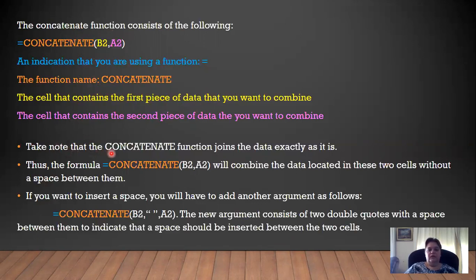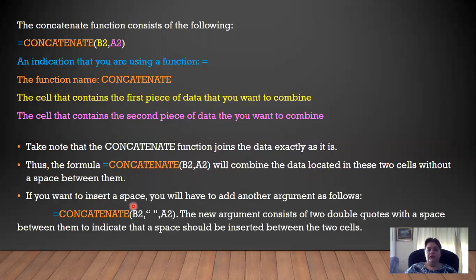Take note that the concatenate function joins the data exactly as is. So now the problem is, it is going to join your name and your surname together as one. So what do I need? I need to add a space. Thus, the formula concatenate B2, A2 will combine the data located in these two cells without a space.